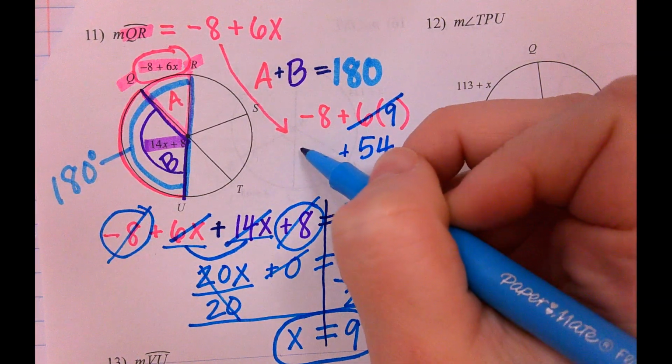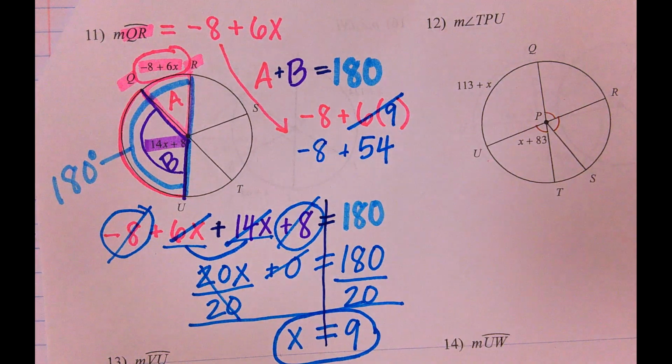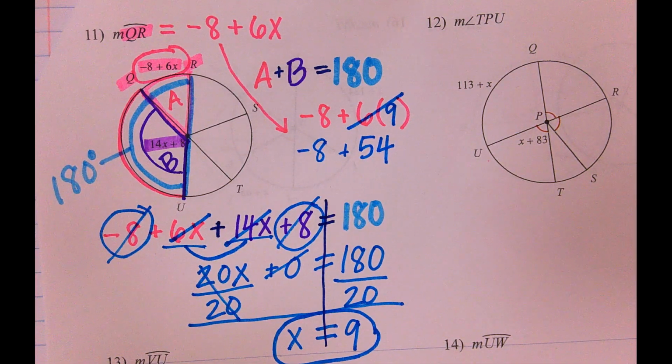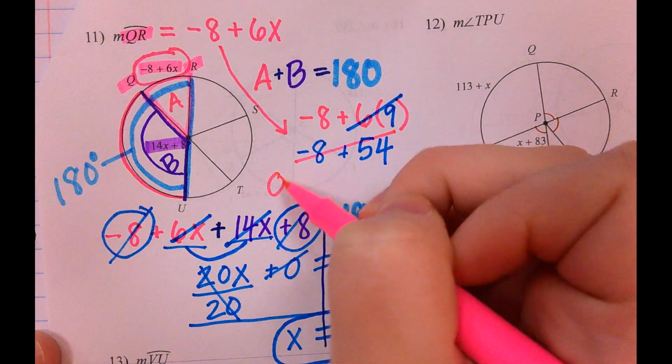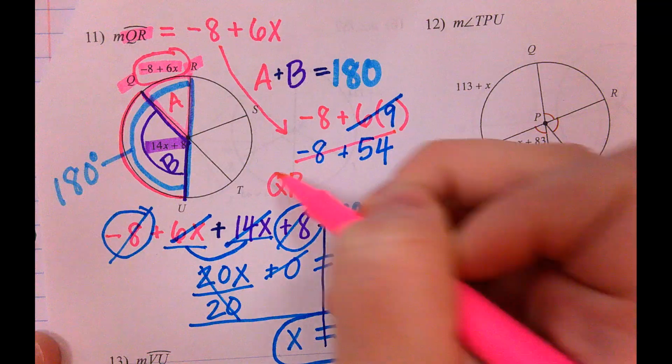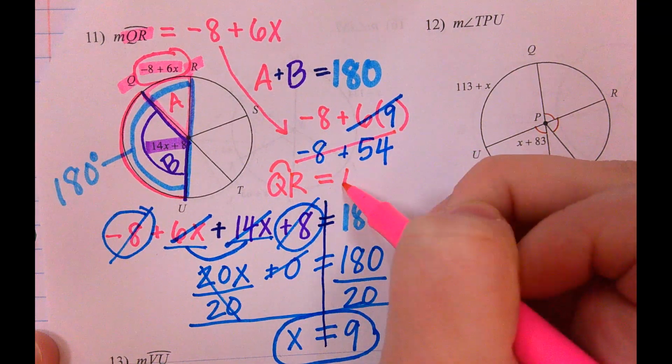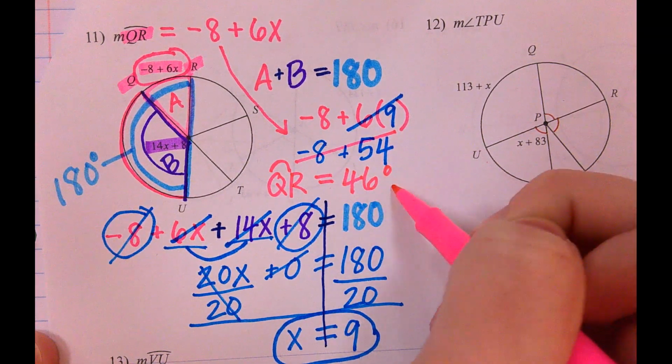Bring down my plus. This is -8 still. And what do we get? 46. Good. Yes. QR equals 46 degrees.